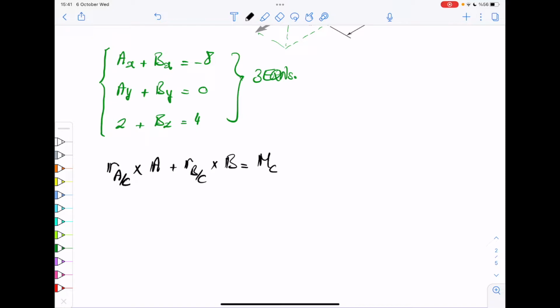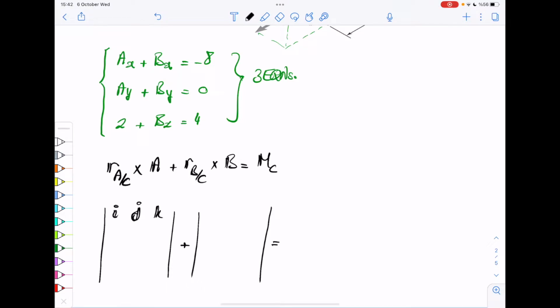All right, so what you need to do now is to just expand these relations. You know, these cross products, you calculate them using these usual determinants. So here you would have I, J, K, I, J, K. Now, RA with respect to C. So this is A with respect to C, which means this is equivalent to CA.